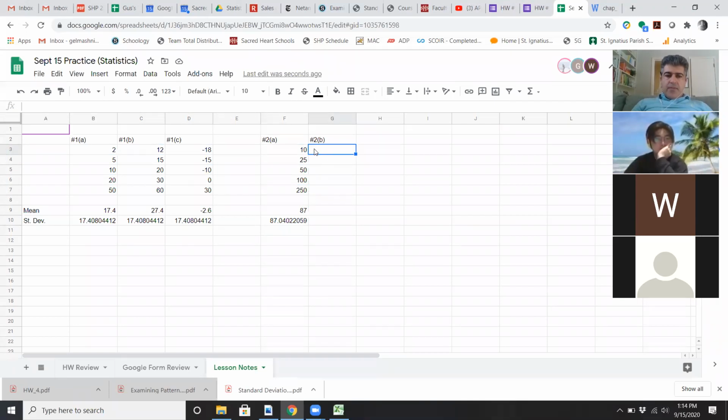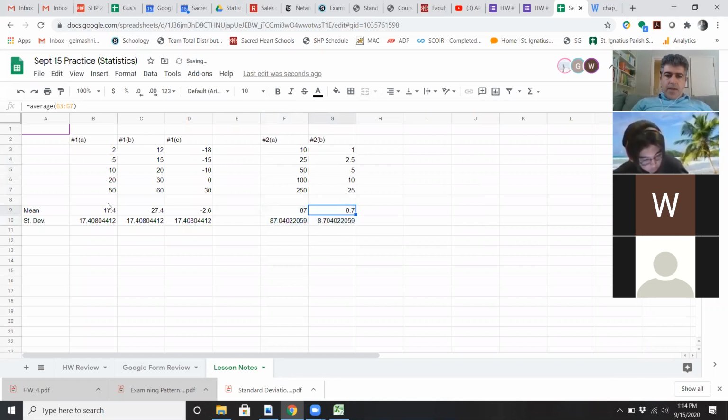Let's say I divided these numbers by 2. So I'll do equals B3 divided by 2. Scroll down. And again, all of you have access to this. Let me compute these bad boys here.